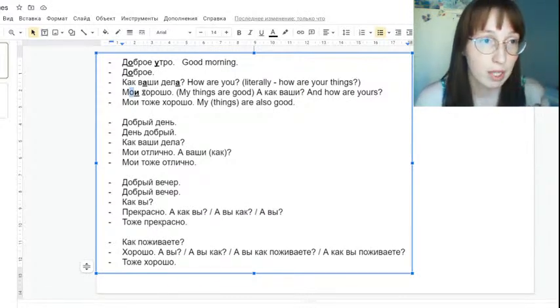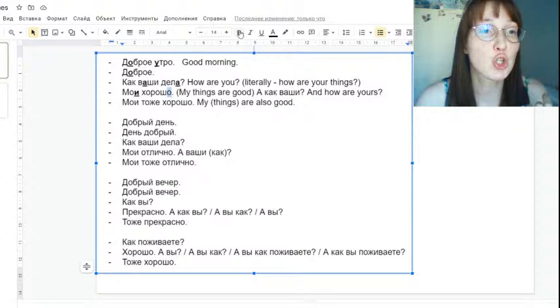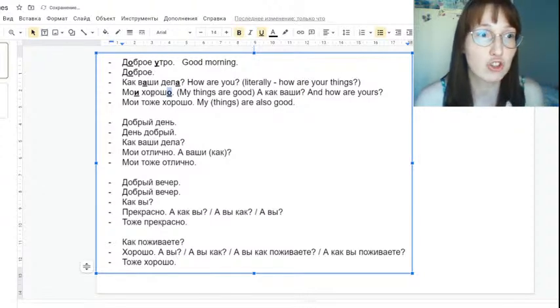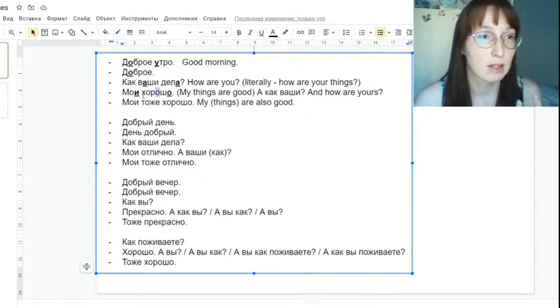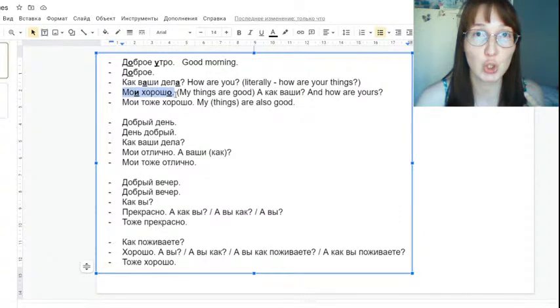Мои. Хорошо. The last O is stressed. So these letters O represent А sounds. Хорошо. Мои хорошо. You can repeat after me.